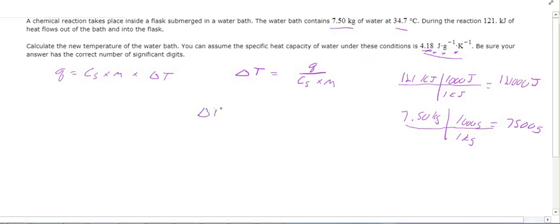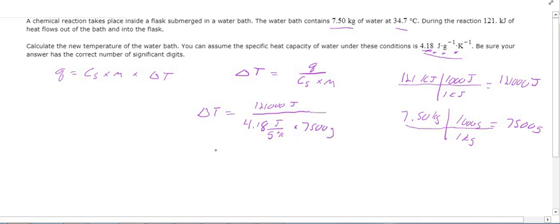So delta T equals Q, which is 121,000 joules, divided by the specific heat capacity, which is 4.18 joules per gram per degree Kelvin, times the mass, which is 7,500 grams.